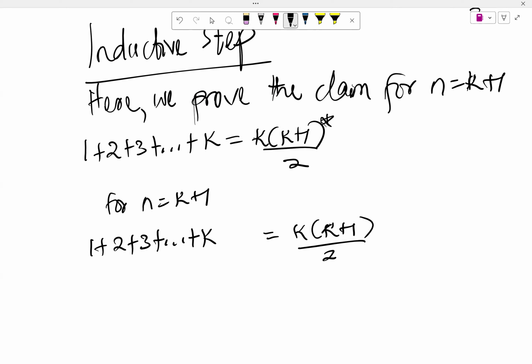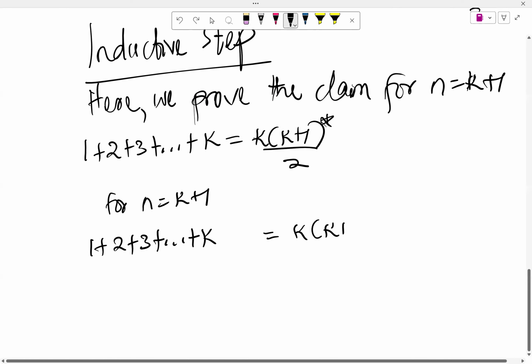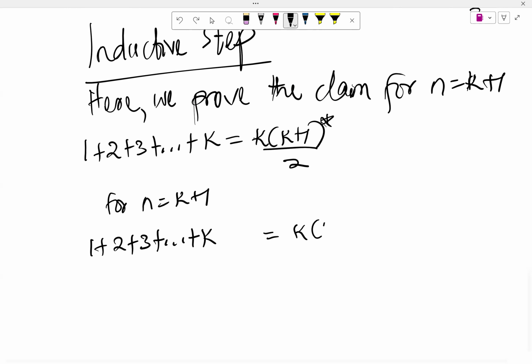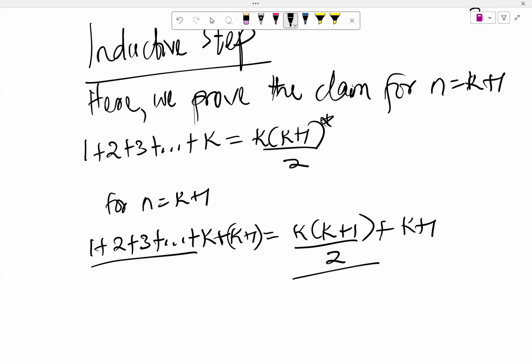You see that these two are equal at this point, k into k plus 1 all over 2. But k plus 1 is a step after k. So if you add k plus 1 to this side, the only way to balance the other side is to also add k plus 1 to that.